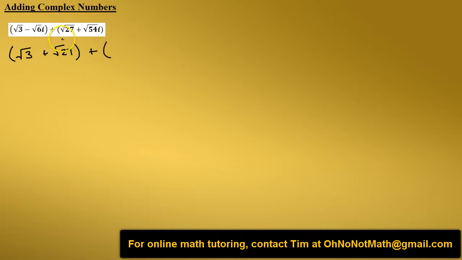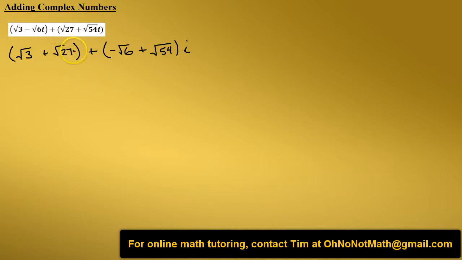Now let's put our imaginary parts together. We have negative the square root of 6 plus the square root of 54, times i.